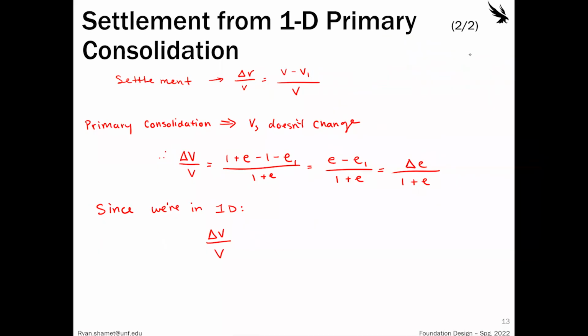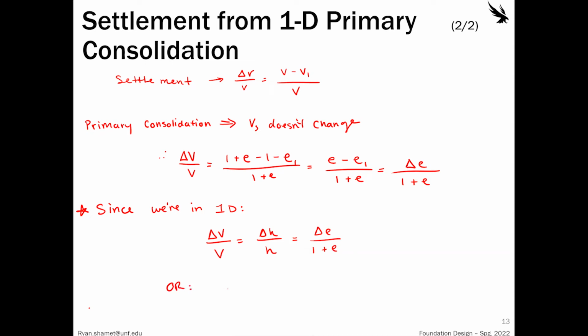All right, I had some technical difficulties. We're back. What I ended on, since we are assuming one dimension here, is that instead of volume, we can just look at it as an equivalent height. And since we had this equation from previously, the change in height divided by the original height is equal to the change in void ratio divided by 1 plus the void ratio.